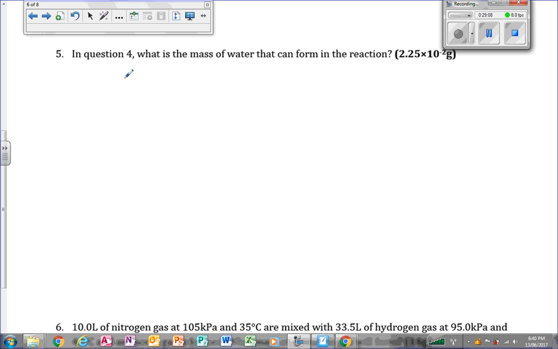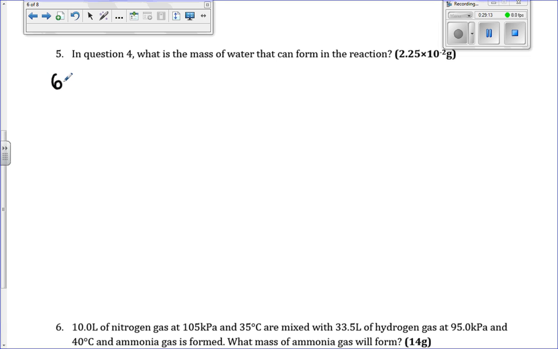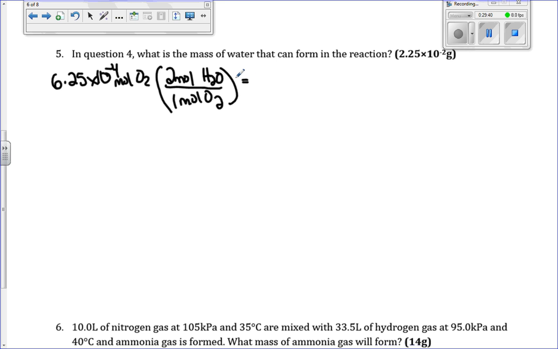So we can use the original amount of moles that we calculated, 6.25 times 10 to the negative 4 moles of oxygen. Now we need to go back to the reaction and look at the mole relationship between our given and our wanted. Our given is 1 mole of oxygen to 2 moles of water, for a value of 0.0125 moles of water.